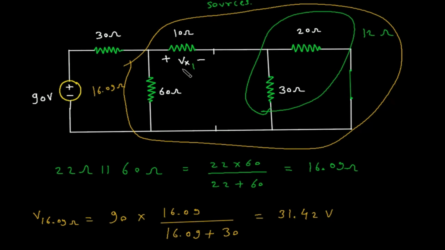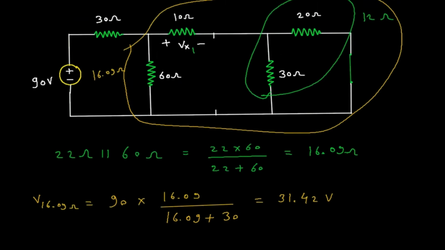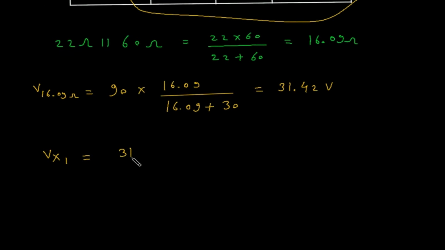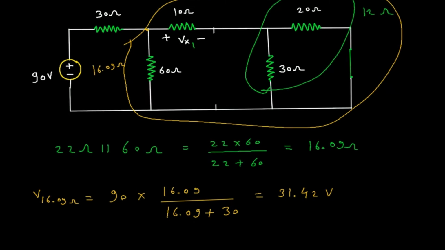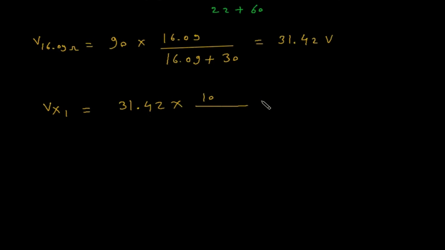Now we have to find this Vx1. So Vx1 will be equal to this voltage. Here the voltage is 31.42. So 31.42 into, we have to find voltage from this resistor. So 10 ohm divided by total.